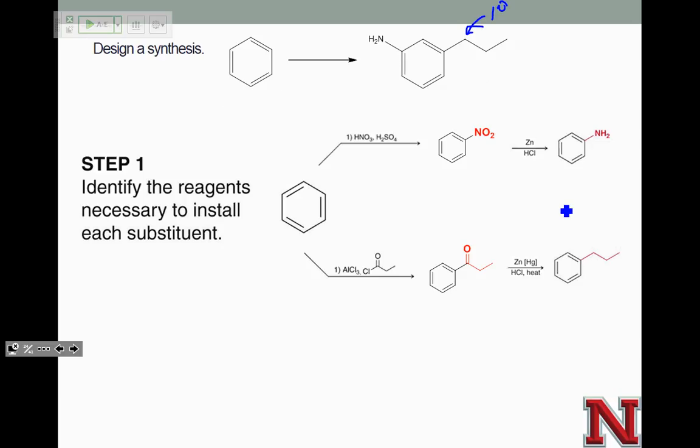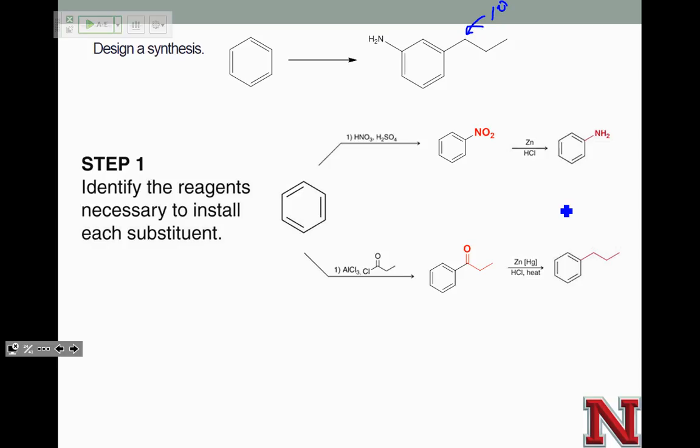followed by our reduction. Now again, if we have a ring that has both of these on here, and we want to reduce both of them, we just use the stronger conditions. So we don't have to necessarily do two steps. As long as we're using the stronger conditions, we'll reduce both. The weaker conditions will only reduce our NO2. There's no way to selectively reduce this and not touch that, because the conditions are strong enough for this one.